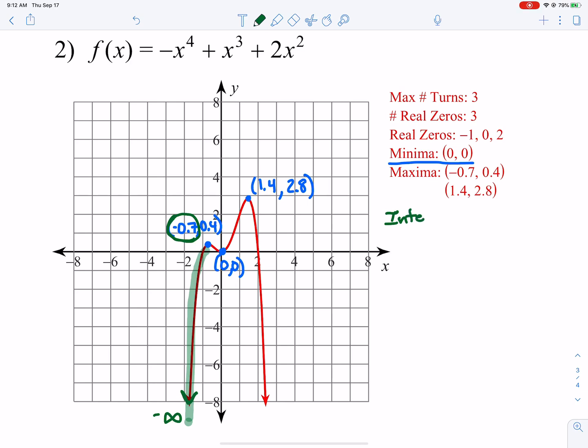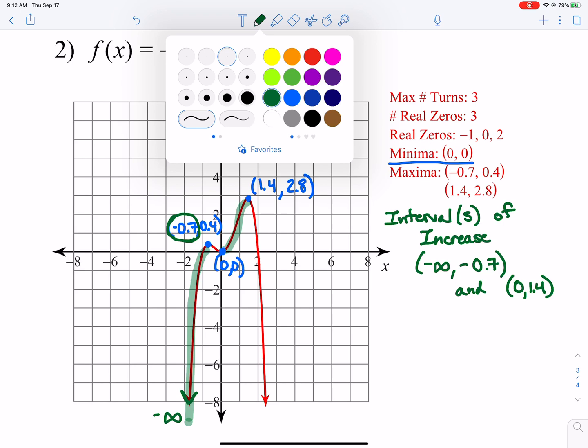So let's write that down. Interval or intervals of increase. So we had from negative infinity up to negative 0.7. We're always looking at the x's. And then there's another interval of increase from 0 up to 1.4.